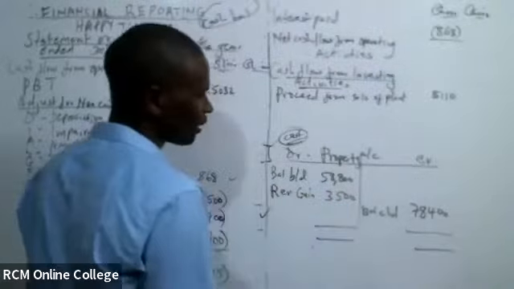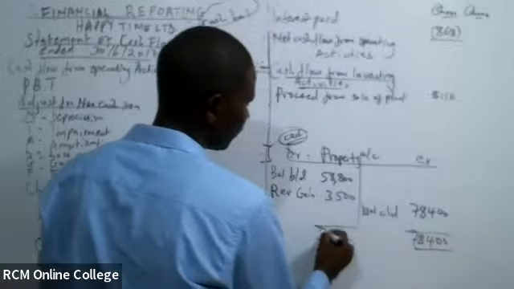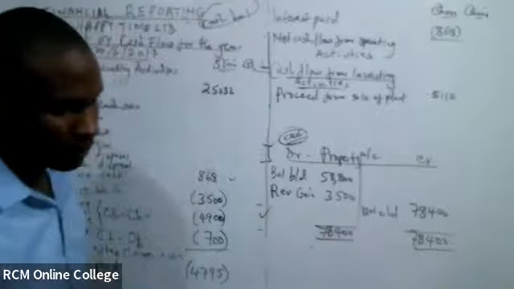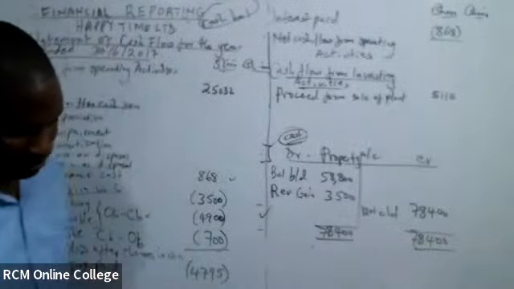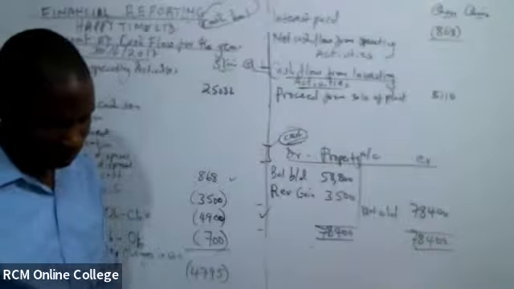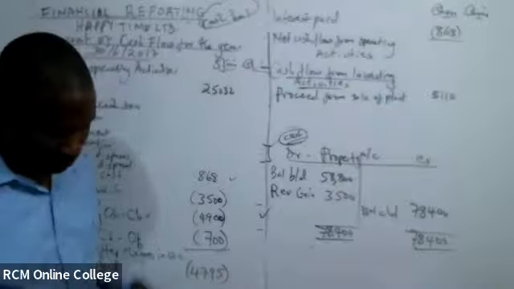What we have is just to balance our account here. 78,400. So how much is the balancing figure, class?